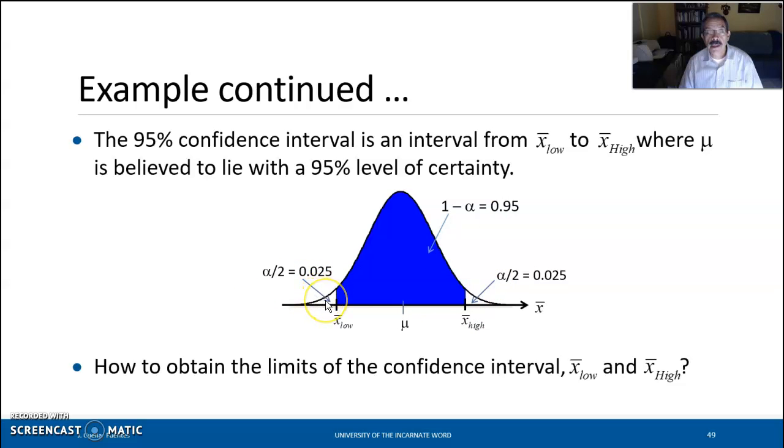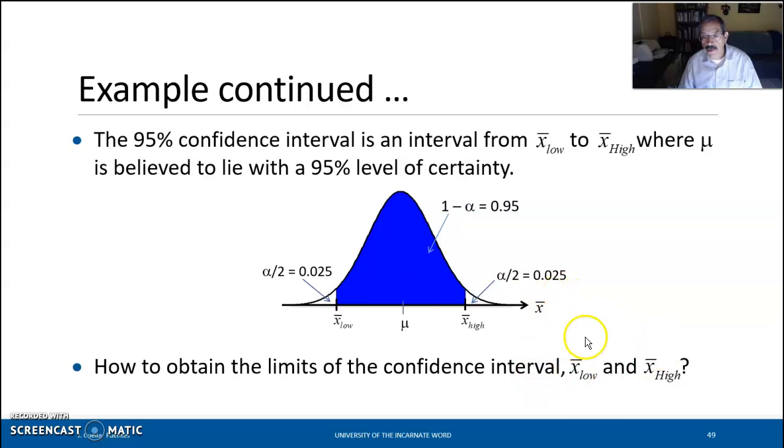So the probability on the left tail is alpha over 2 or 0.025, and on the right it is the same, alpha over 2 or 0.025. So we would like to find these two values, x low and x high, the low average and the high average, that are the bounds of this 95% confidence interval, to be precise, because we now know all these probabilities.